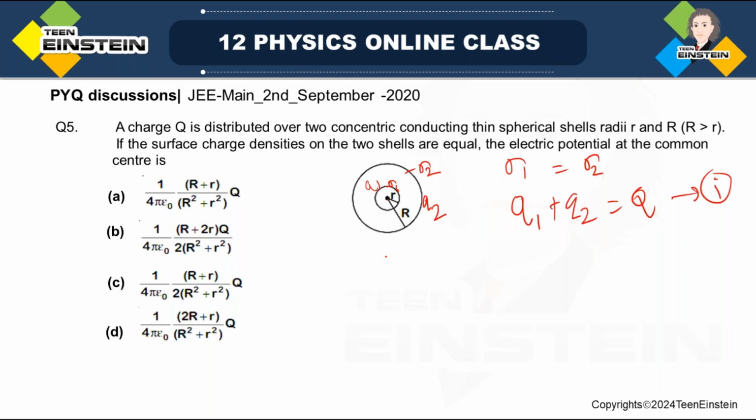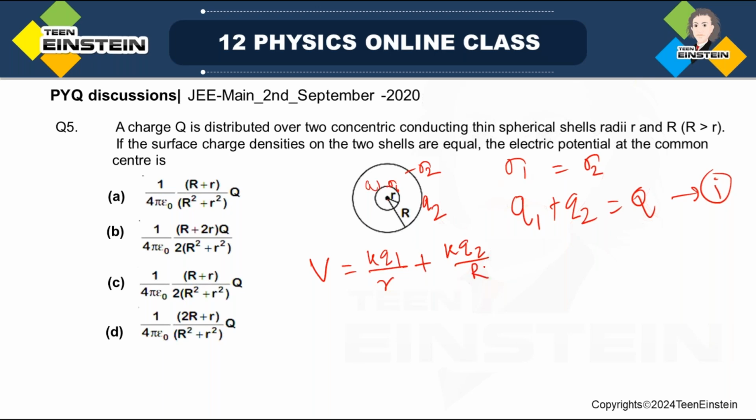From there I can find out something, but now if I have to find the potential, in the expression for the potential, see, if Q1 is the charge, then it is KQ1 by r, and for this also I can write, the potential will be additive obviously, plus KQ2 by capital R. This is what we will say.